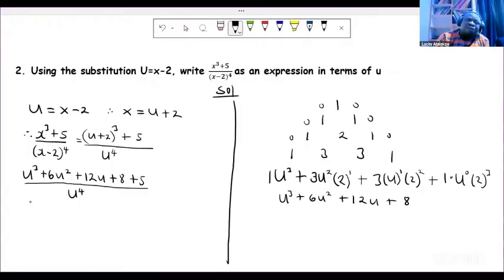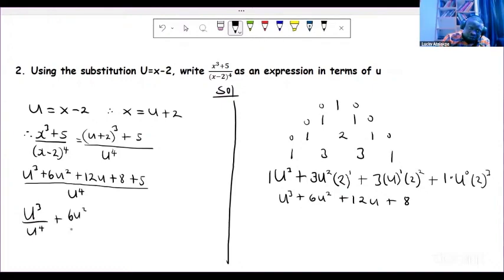So if you simplify now, u to the power of 4 is dividing everything. So this becomes u to the power of 3 over u to the power of 4, 6u squared over u to the power of 4, and 8 plus 5 is 13. So let me add them up.